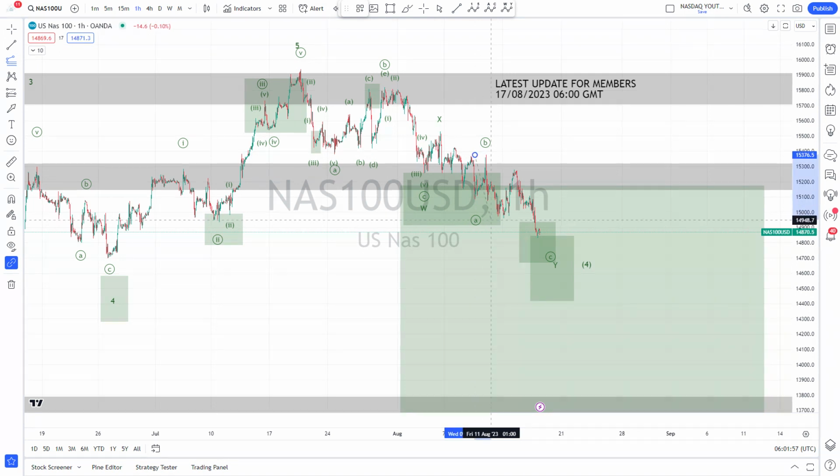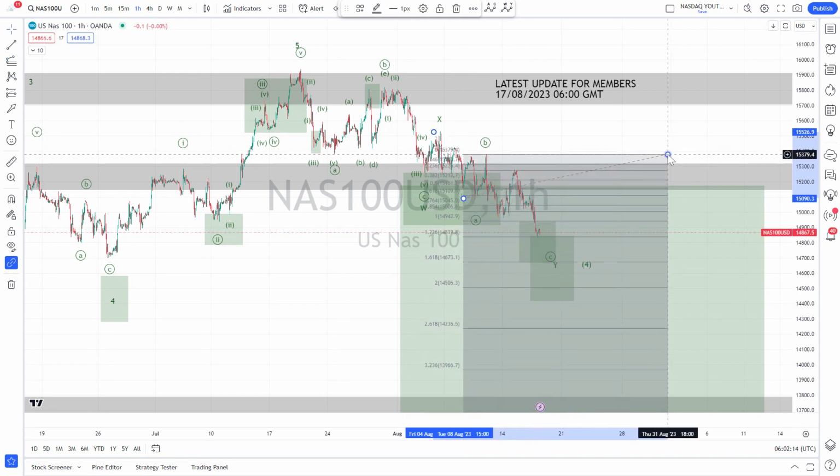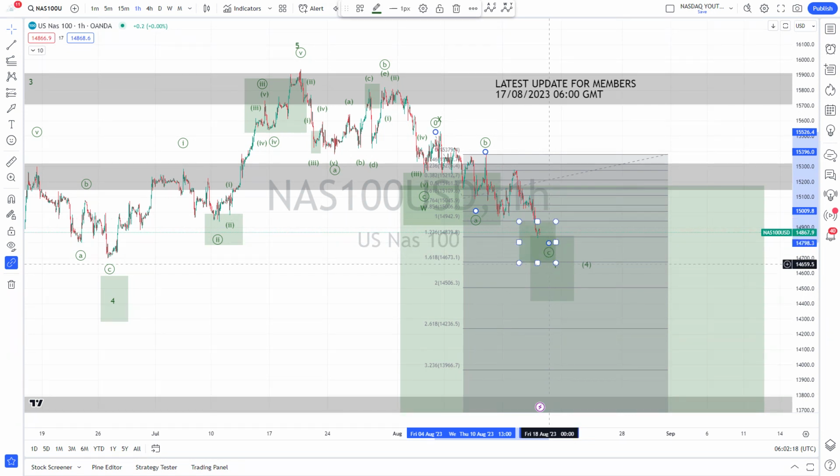And then here also, if we take, no, I'm sorry. So this wave Y should be corrective, and then if we take the length of our wave A, the length of our wave B, then we have this area here where the wave C should end between the 1 and the 1.618 FIB extension.